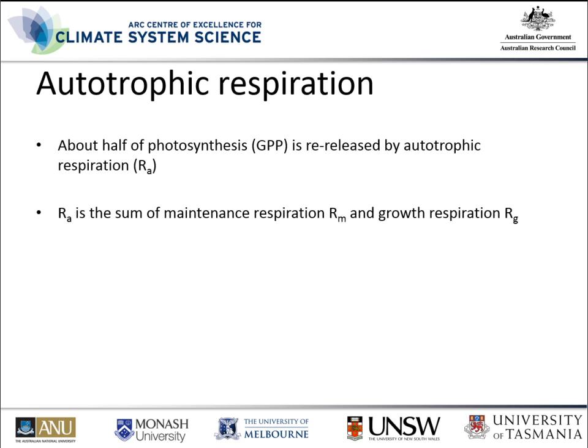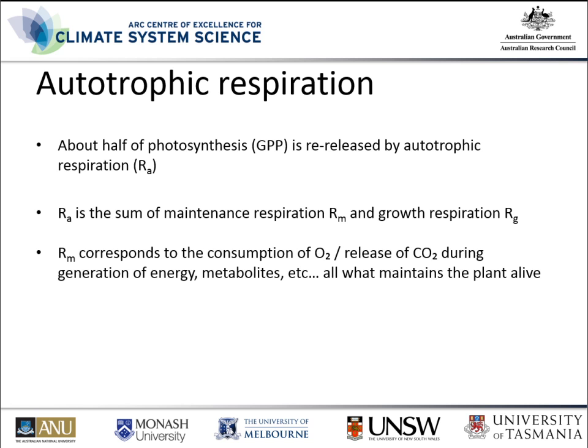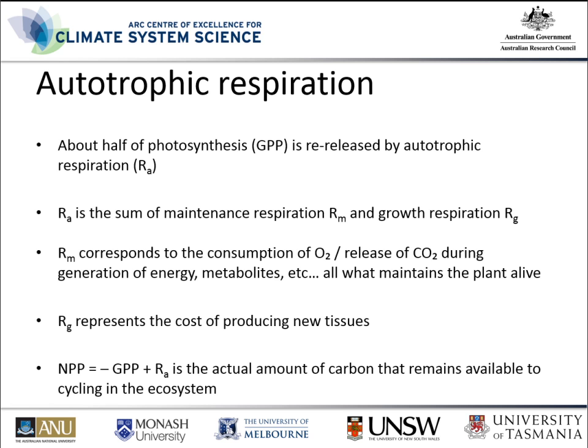So how much a tree uses to go up. And as I said before, NPP, which is the difference between photosynthesis and respiration, is the actual amount of carbon that remains available in the ecosystem.